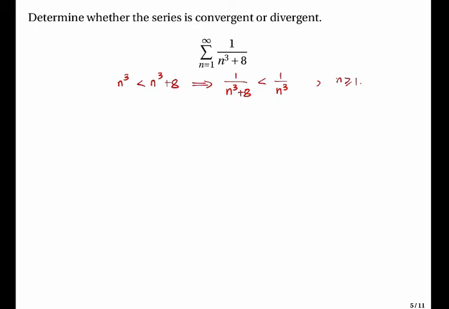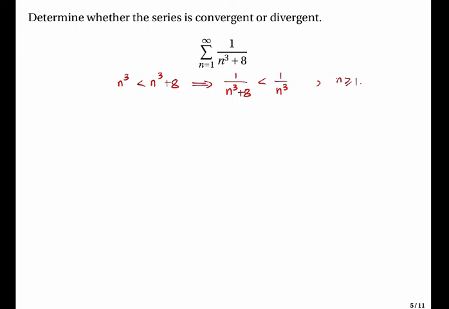Therefore, 1 over n cubed is greater than 1 over n cubed plus 8, and if we show that the series 1 over n cubed is convergent, then we conclude the series 1 over n cubed plus 8 is also convergent.